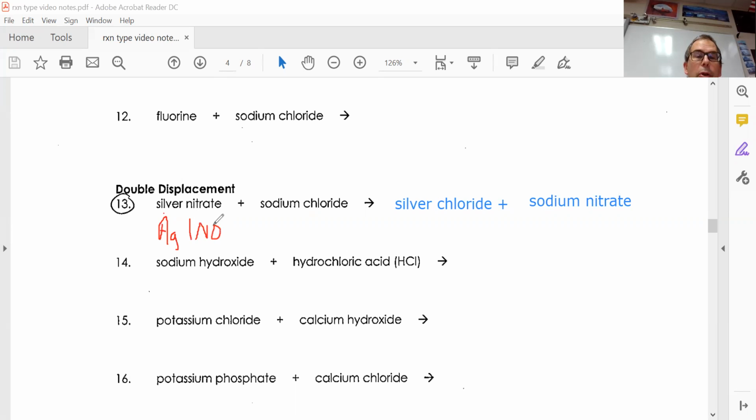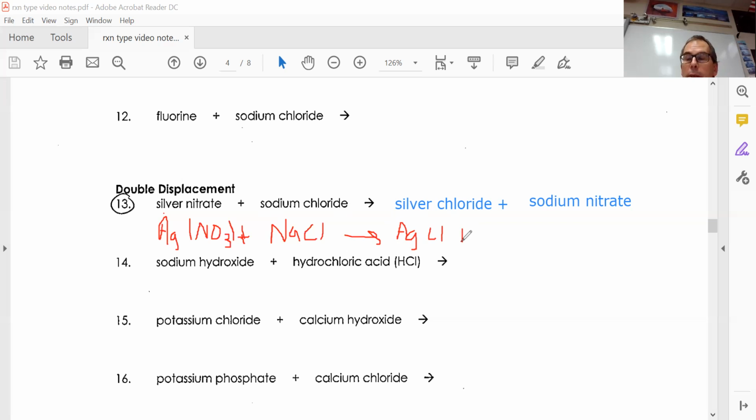And then this Na is +1 and Cl is -1. So what is it going to form? It's going to form AgCl, and you still have a +1, -1.